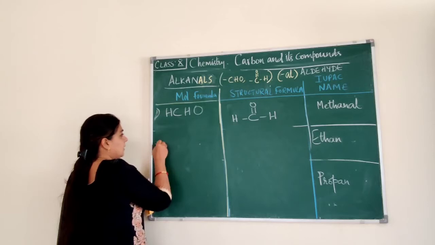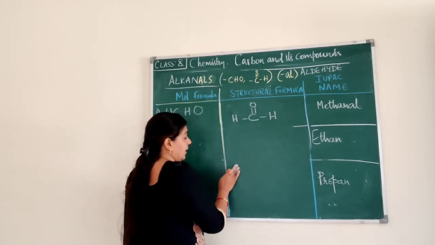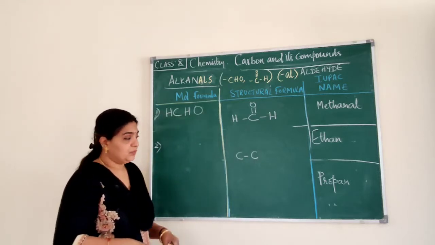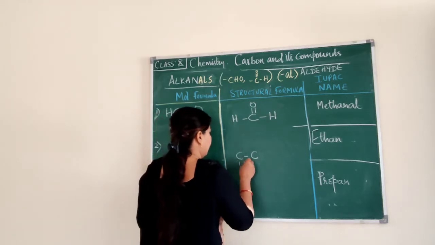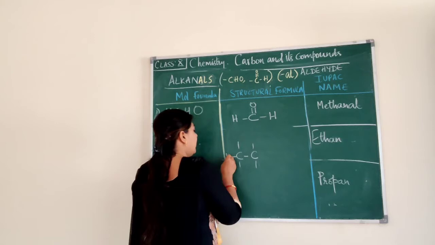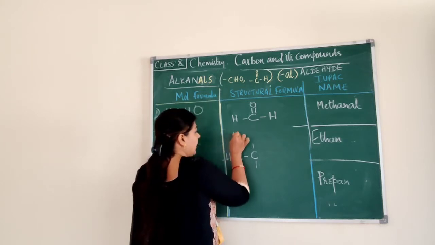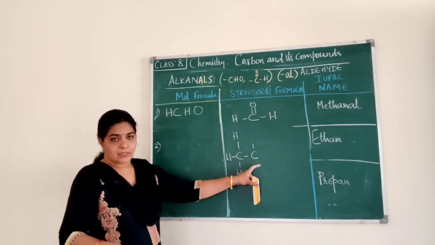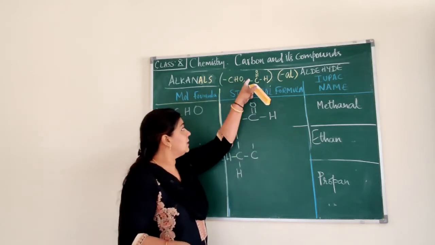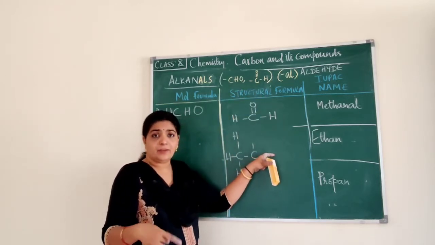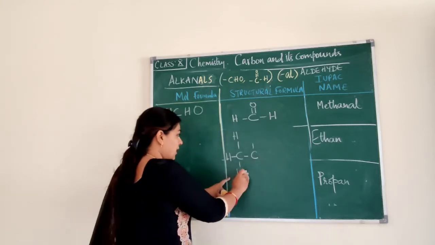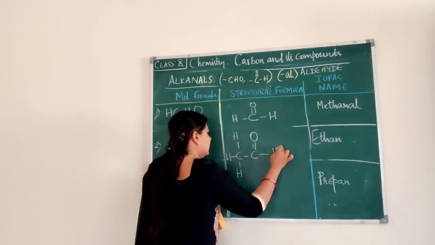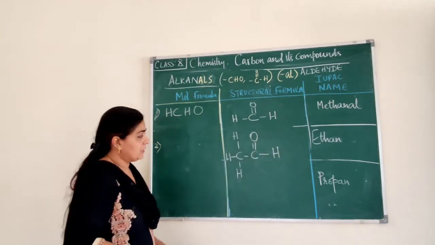Next, let us go to ethanal. Eth means what? 2, right? So now that is ethane. For ethane, the aldehyde group has to join. Again, there are 2 carbons. If I add the CHO separately, then it is not ethanal. So for this C only, I am going to add the aldehyde group, that is CHO.